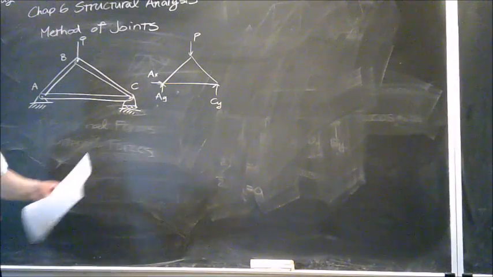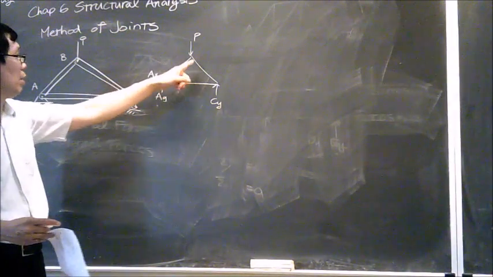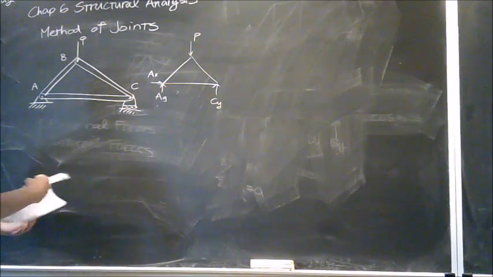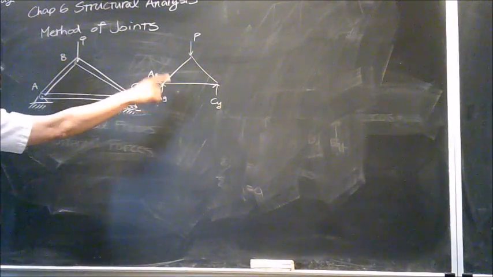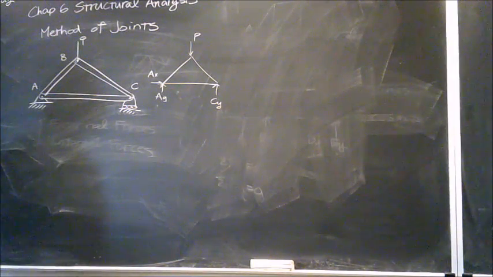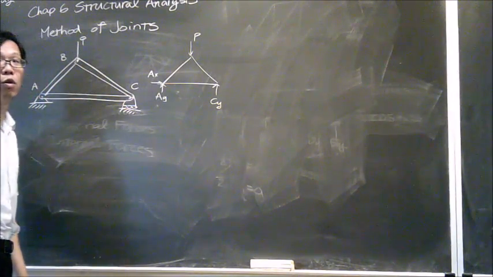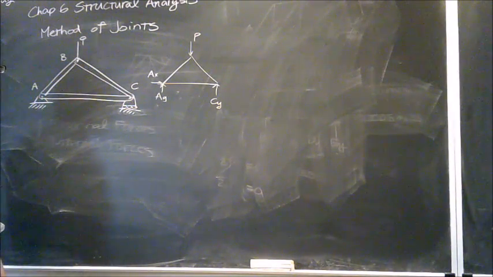You wouldn't be able to tell how much force has been applied along AB, BC, and AC. Keep in mind this is the most important thing you need to do in the first step. If you don't know how much force has been applied at individual joints, you wouldn't be able to analyze the rest of the problem.